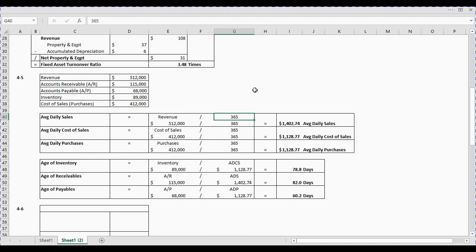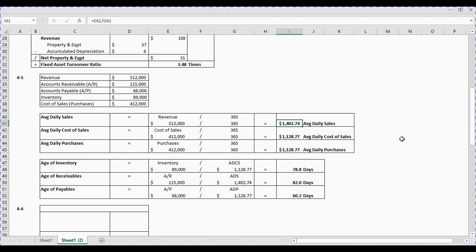So I have the revenues for the year, which were 512,000, divided by 365 days, tells me that on average I was generating revenue of a little over $1,400, $1,402.74 each day. Some days it's going to be higher than that, some days lower, depending on how seasonal my business is.